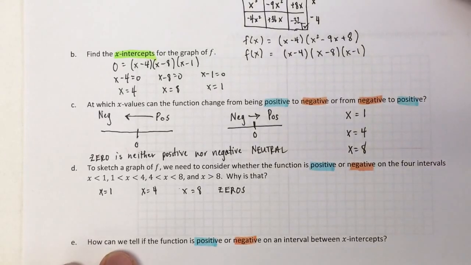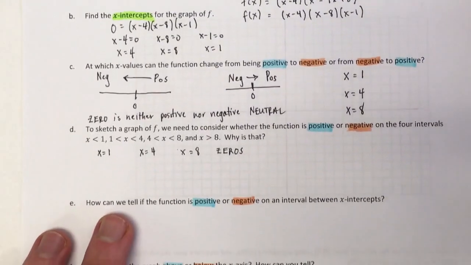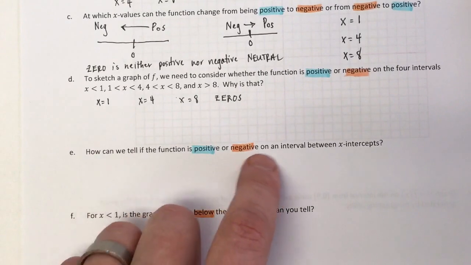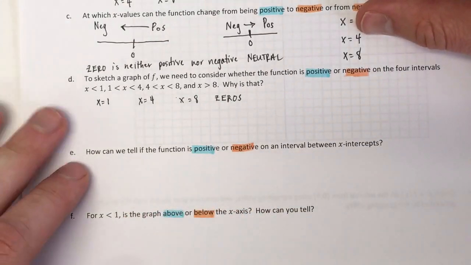So how can we tell if the function is positive or negative on an interval between the x-intercepts?